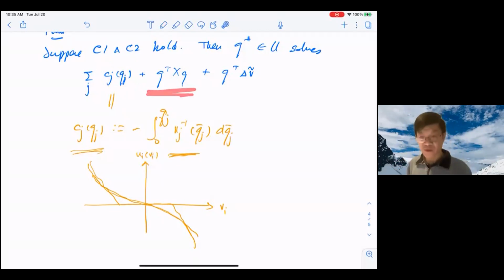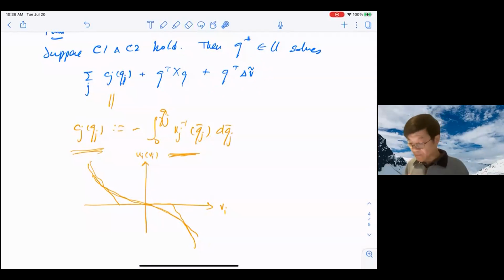This is another control cost which depends on the X matrix that we saw earlier, which is a positive definite matrix, and this is a quadratic form. Because X is positive definite, this is a cost. The third one is a measure of the cost that depends on the deviation from the reference.